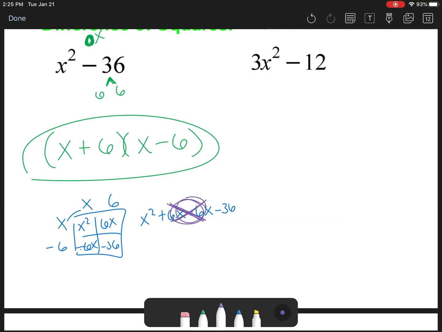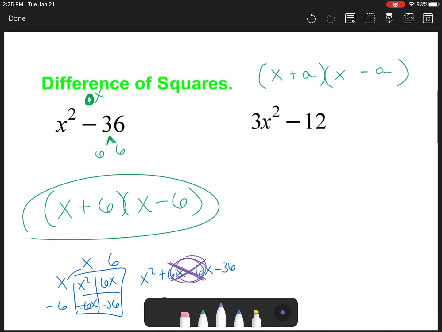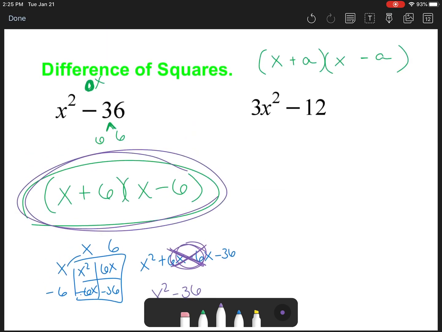Well, 6x minus 6x, that's just our 0. We have x squared minus 36. So again, this is how the pattern works. But once you recognize the pattern and if you're able to use the pattern, it's just a faster way of factoring it.